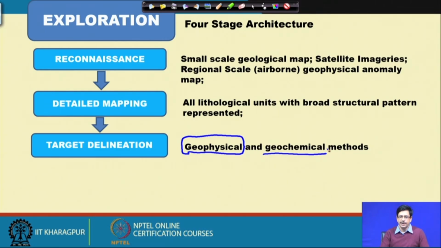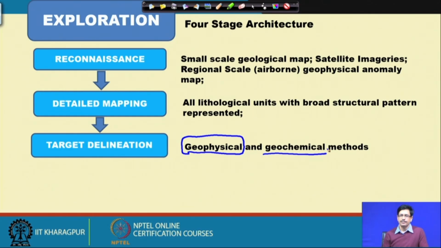Essentially, because the geological work will always be based on whatever is available on the surface, the ore body or the associated rocks and many other associated features as they are exposed on the surface can be studied in greater detail, but the subsurface will always remain an uncertainty for us.